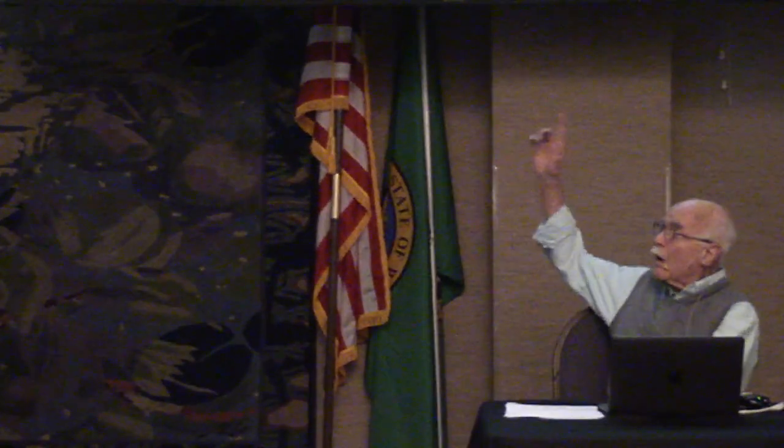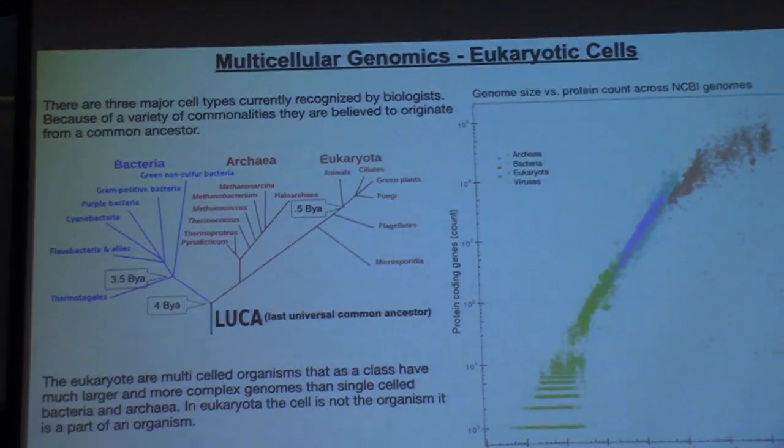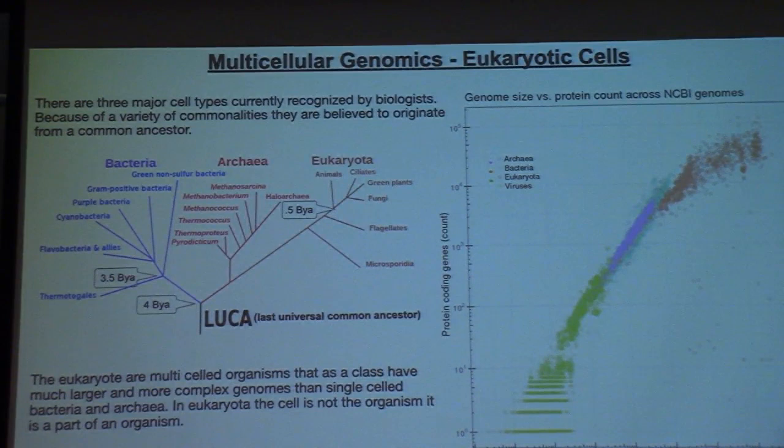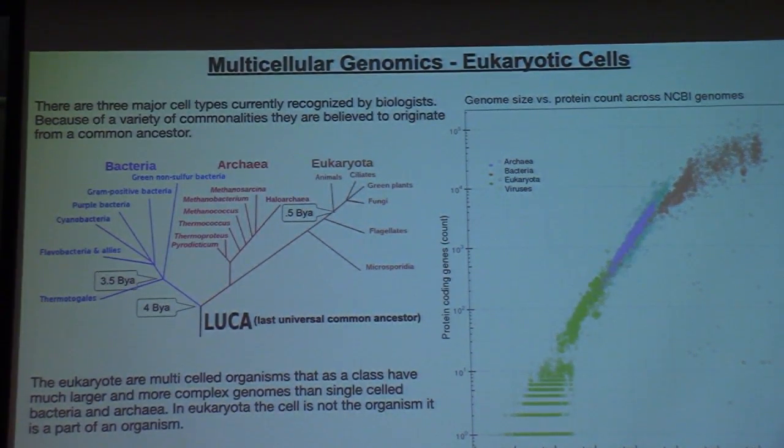Okay, so this plot along the bottom is the size of the genomes, the number of base pairs in the genome. And if you recall, E. coli has about 4 million base pairs, and a human has about 3.6 billion base pairs in their genome.